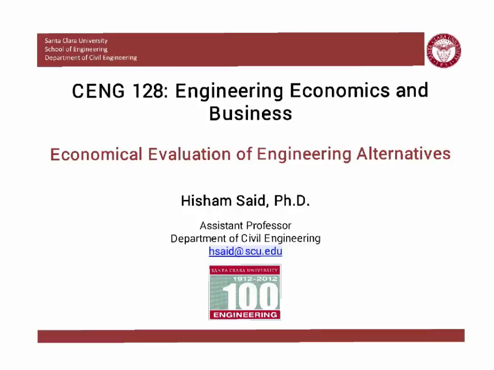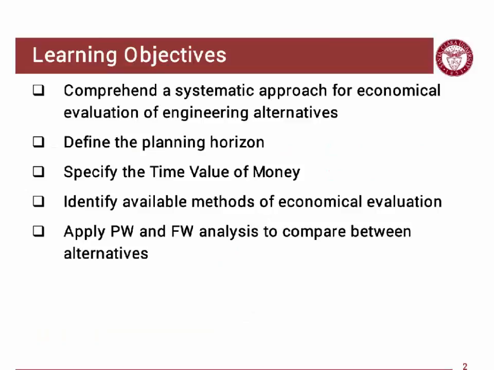This is Dr. Hisham Said. In this video, I'll introduce to you the economical evaluation of engineering alternatives. First, what is a systematic approach to compare between engineering alternatives from the economics point of view? It includes two main steps.